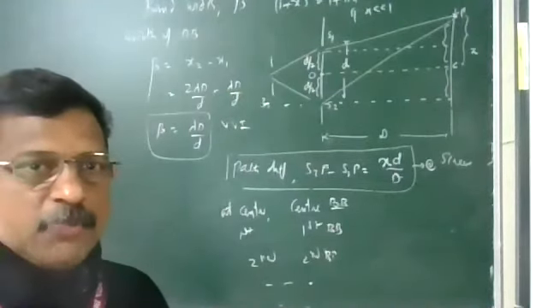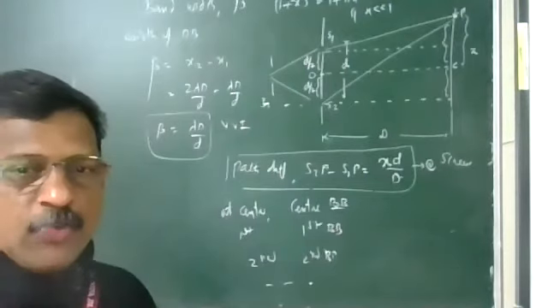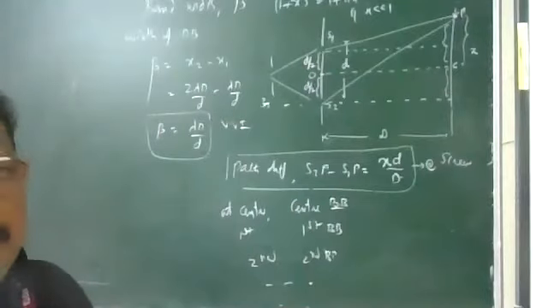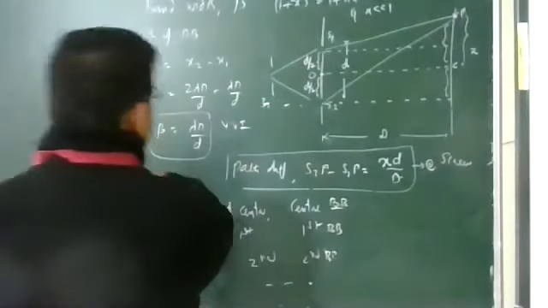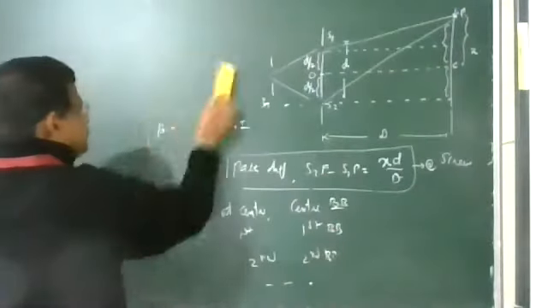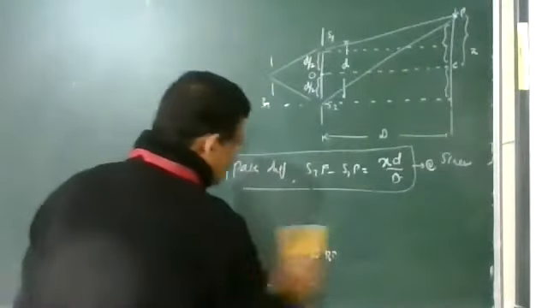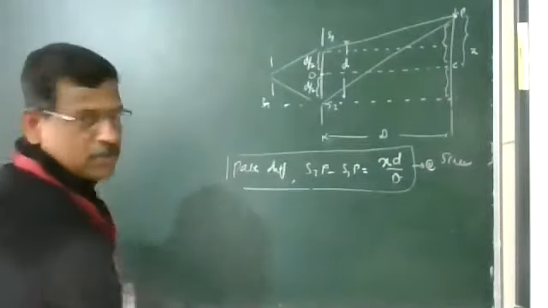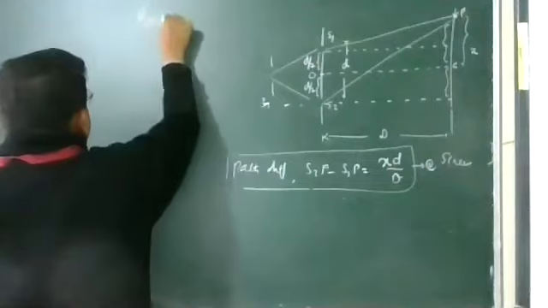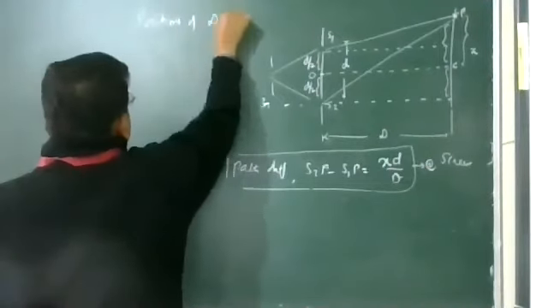So these are the positions of the bright regions. Next point: what are the positions of the dark regions in the interference pattern? Very, very important. So the next point I am going to explain here: positions of the dark bands.